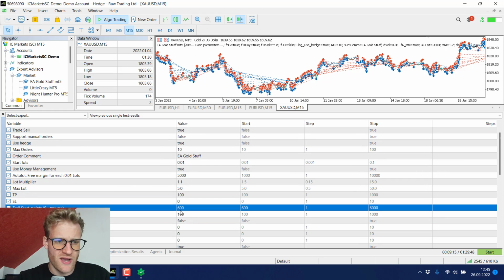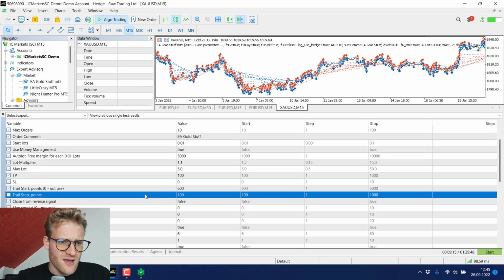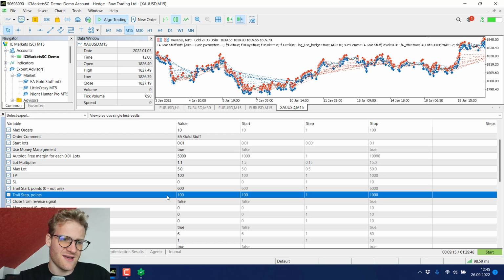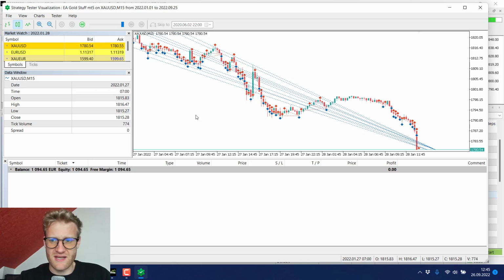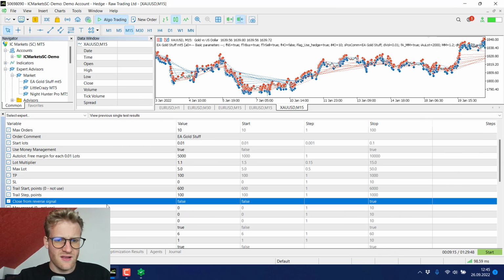And then you have this trailing start. I don't really know what this does, but I think it is not that important because I didn't really see this mechanism at all when we looked at the functionalities here. You can say you want to close all the buy or sell positions if there's a counter signal.